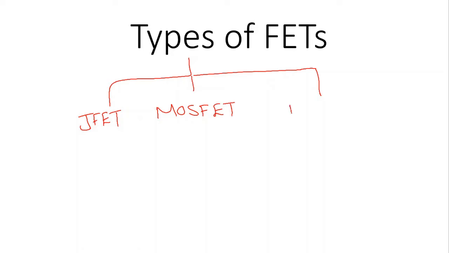So to discuss the types of FETs, we have three types of FETs. One is the junction field effect transistor. Second is the MOSFET. And third is the MESFET.